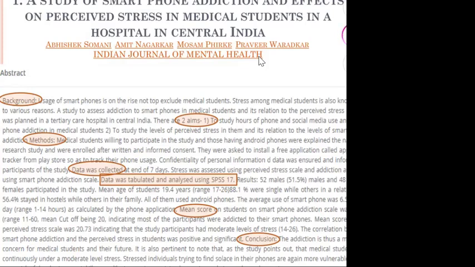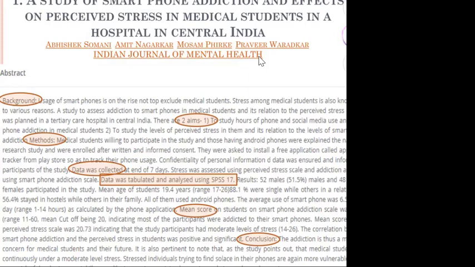There is an objective of the study, two aims: first, to study hours of phone and social media use and smartphone addiction, and second, to study the levels of stress. After this, they went for data collection. They understood the method of the study and the data collection.